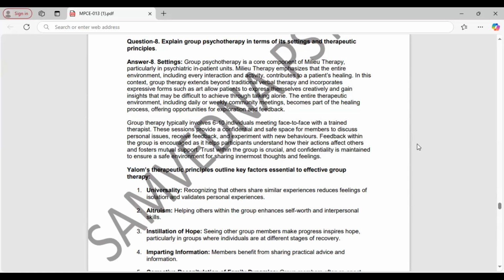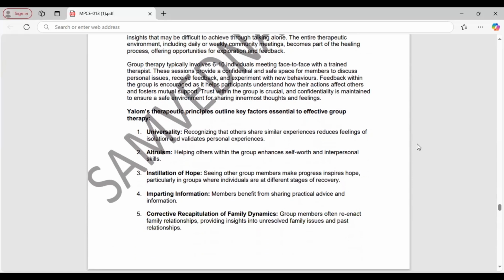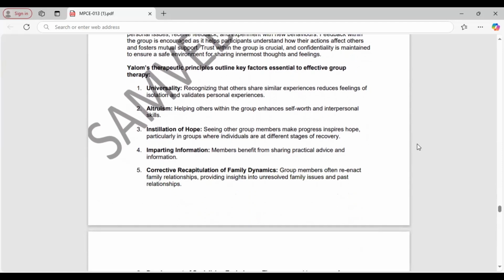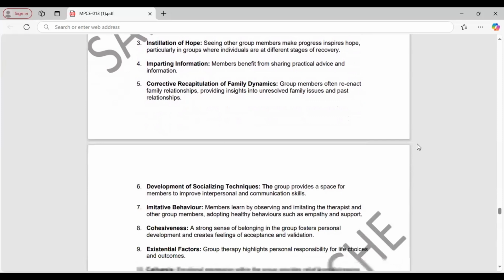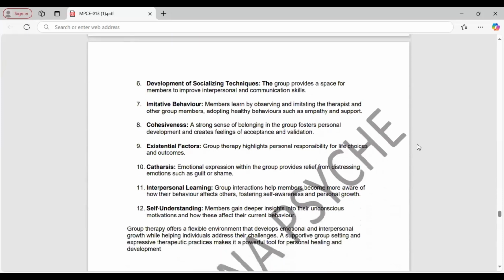Imparting information, members gain practical advice. Corrective recapitulation of the family dynamic, reenacting family relationships reveals insights into past issues. Development of socializing techniques, the group enhances communication skills. Imitative behavior, members learn by observing others' healthy behaviors.